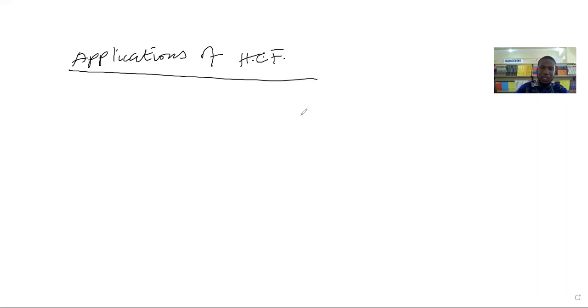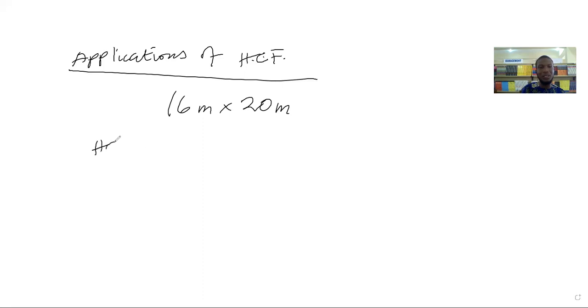So for example, we have a canvas of dimension 16 meters by 20 meters. It means that the length is 20 meters and the width is 16 meters. Then the dimension of your doormat will be the highest number which can divide 16 and 20.